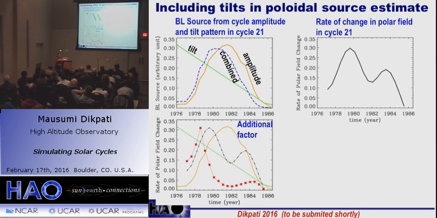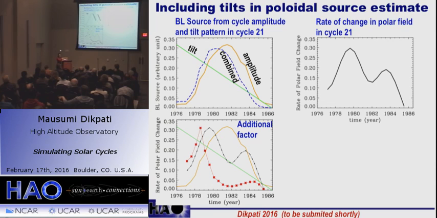Also very recently by Yiming Wang, you can get this tilt pattern. Actually he computed it as a function of latitude. If the active regions are appearing at 35-degree latitude, the tilt is maximum, and it's statistical. And then when they are going to lower and lower latitude, that average tilt is decreasing.